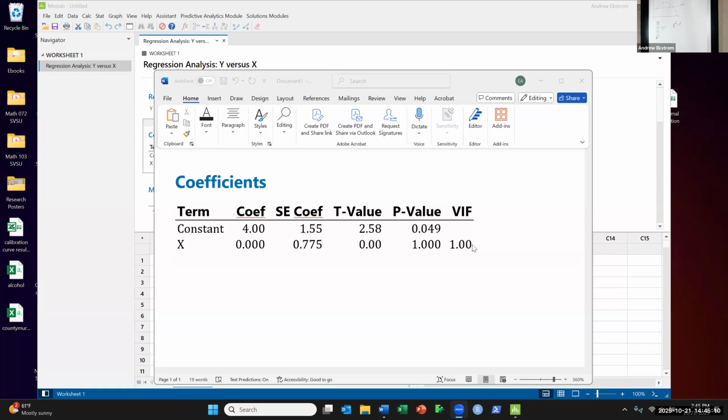What's going on here is if some of our variables that we're looking at are actually not independent of each other, this value increases. This variance inflation factor increases the standard error that we have here, which makes it a lot harder to see if one of the variables we're testing is actually statistically significant.